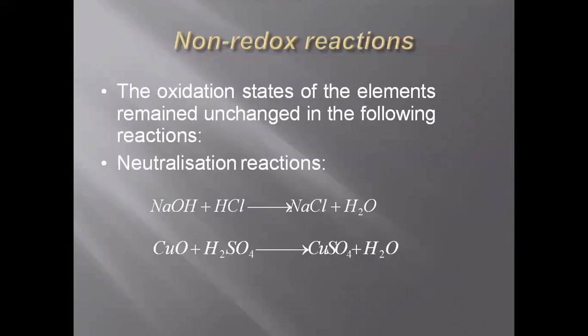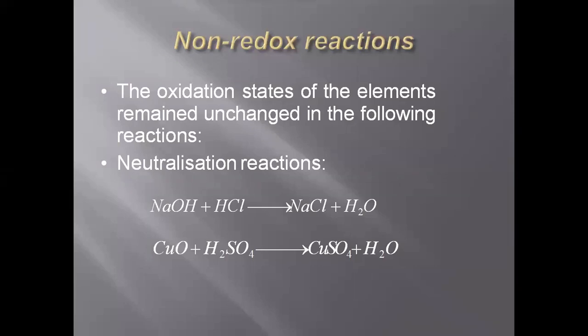Yes, ma'am. Okay. Now let's move to the non-redox reaction. What happens where a non-redox reaction is there? There is no redox, meaning reduction and oxidation do not occur simultaneously. The oxidation state of elements remains unchanged in the following reactions, and these reactions are known as neutralization reactions.